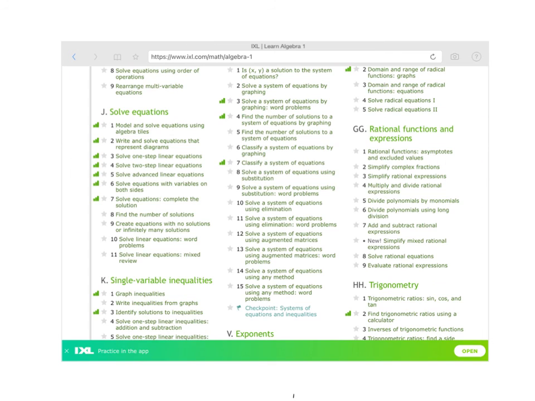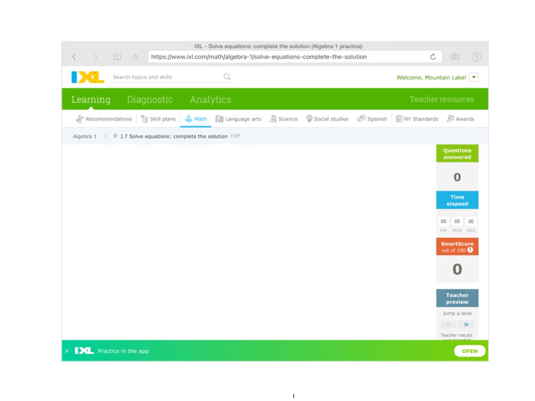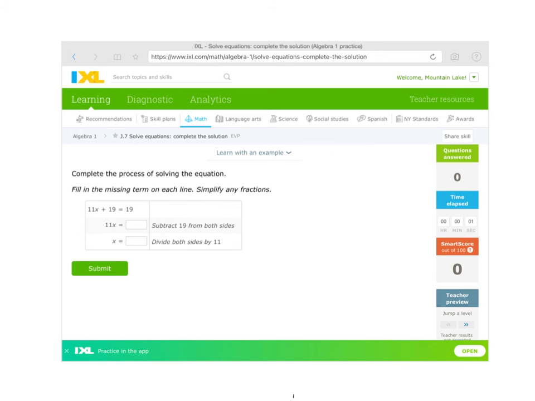Let's see what's happening with 7. So solve equations, complete the solution. Again, what are we doing? This is just SADMAP, one step after the other, right? So if I subtract 19 from both sides, this becomes 0, so that's why they've written 11x. What about this side?